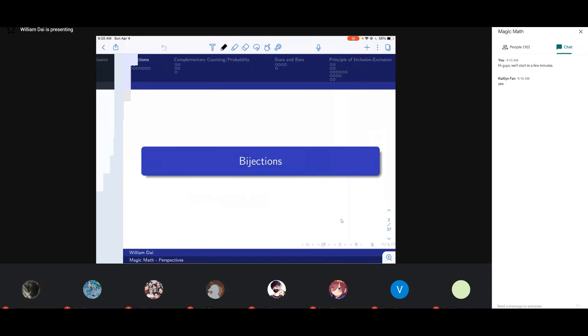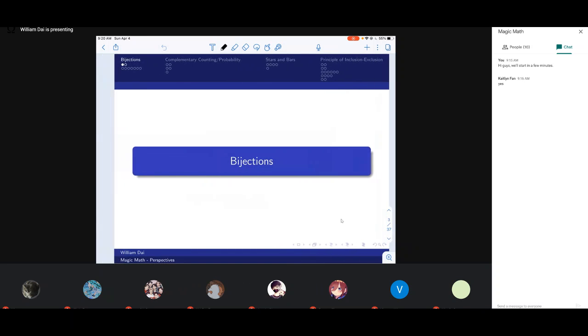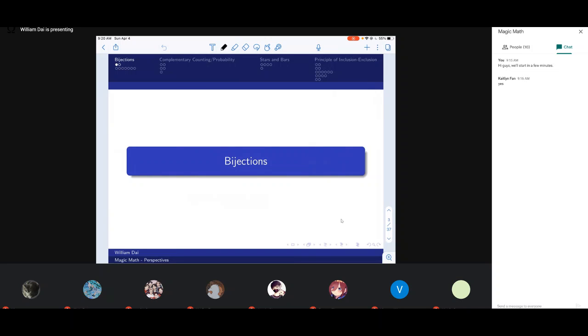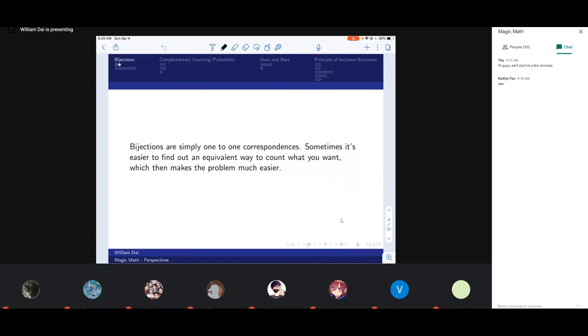Okay, so our first technique, or well, not really a technique, it's an idea, is the bijection. You can also call it a one-to-one correspondence. The name kind of hints at what it is.